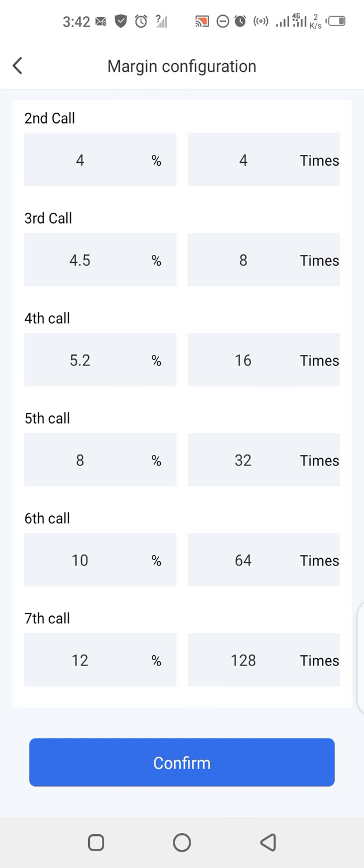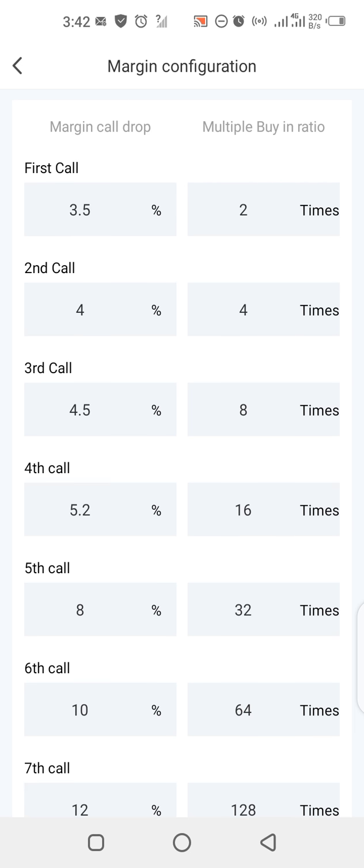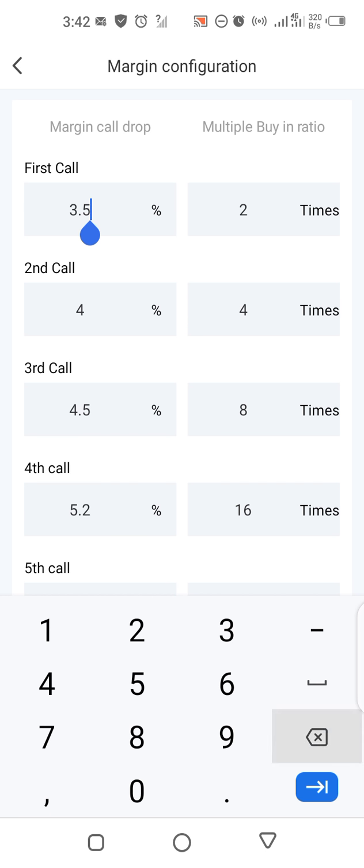Remember, we said our margin calls should be 7, so there'll be 7 times. Now, the first 4 margin calls are whole warehouse, meaning they take profit at the same percentage. Like remember our instruction was saying 1.3%, they will all take profit at 1.3%.